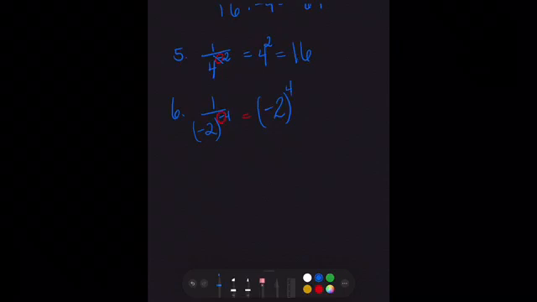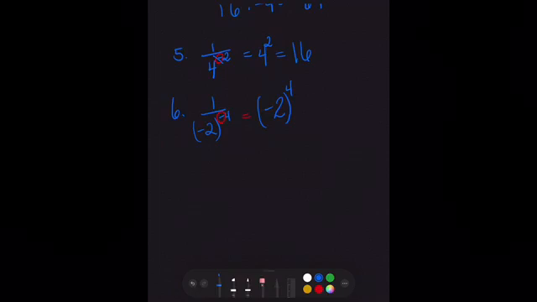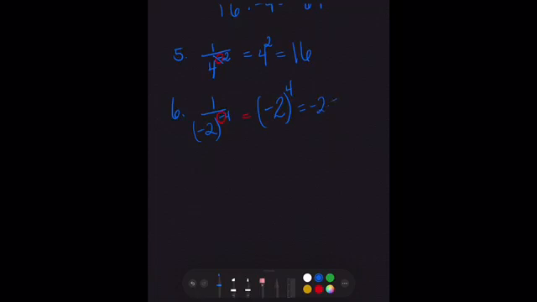What is negative 2 to the fourth power? Well, it's negative 2 times negative 2 times negative 2 times negative 2. If you look at your chart that you've created, or you may already know it, we know that 2 to the fourth power is 16, and negative 2 to the fourth power will also be 16 because we have an even number of negatives, and those negatives create positive numbers.